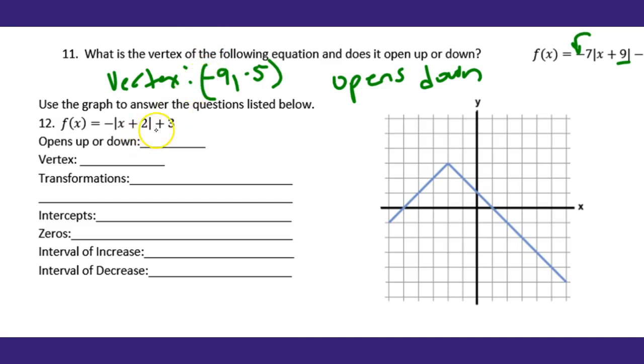This graph, number 12, opens down. The vertex is going to be negative 2, 3. It's right there. The transformations are going to be left 2, up 3, and reflect across the x-axis.